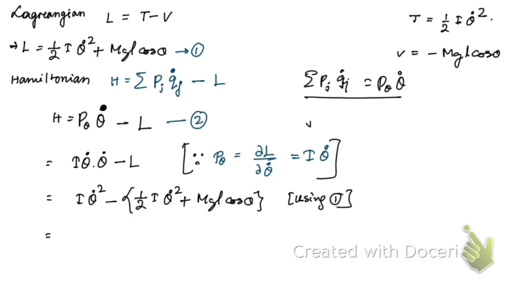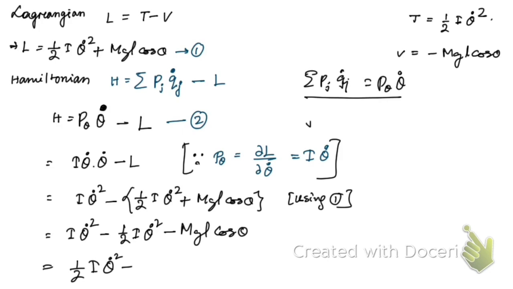So now let's simplify this. Then what we have here is I theta dot square minus half I theta dot square, minus the potential term minus mgl cos theta. If you subtract these two, you're going to have half I theta dot square plus mgl cos theta.